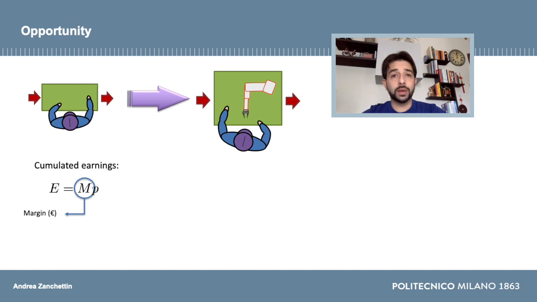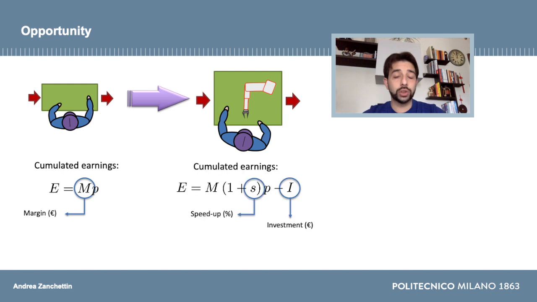If we add some robotic manipulators, so that the human and the robot work in parallel, we expect an increase in the number of products per time unit. We identify this speed up in throughput by the parameter S, so we expect 1 plus S times P products to be produced in one time unit instead of simply P as in the manual workstation.